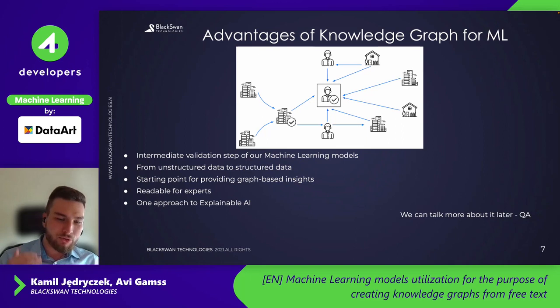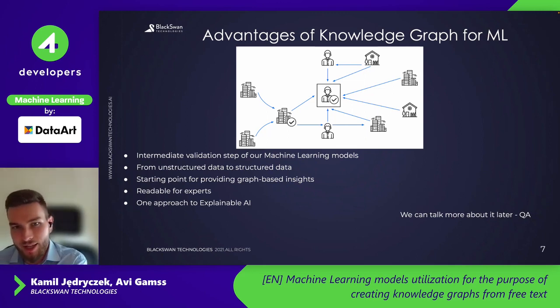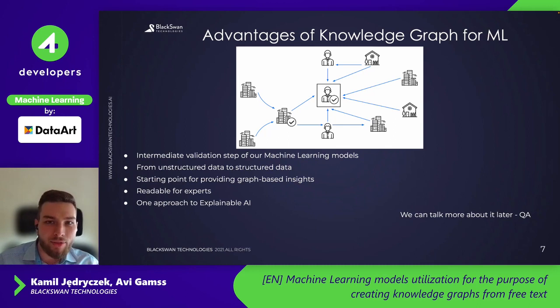And all of those 4 points lead me to the final point: storing your data in a knowledge graph, or rather transforming your unstructured data to structured data through machine learning models, can also be perceived as one of the approaches in explainable AI, because you have this intermediate validation step. You are able to check yourself if what you created makes sense, if this really is something that you would like to have and use for other goals, other objectives.